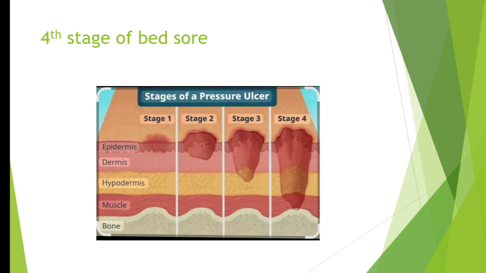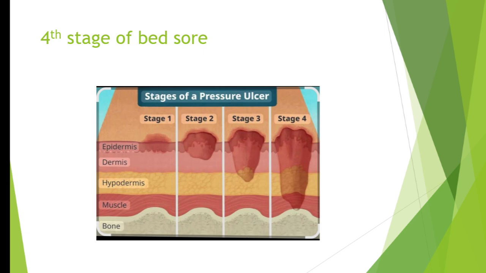There are 4 stages of bed sore, and every stage is very dangerous. The third and fourth stages need healthy nutrition, proper dressing and wound care, and dryness over there, healthy nutrition, and infection-free conditions.